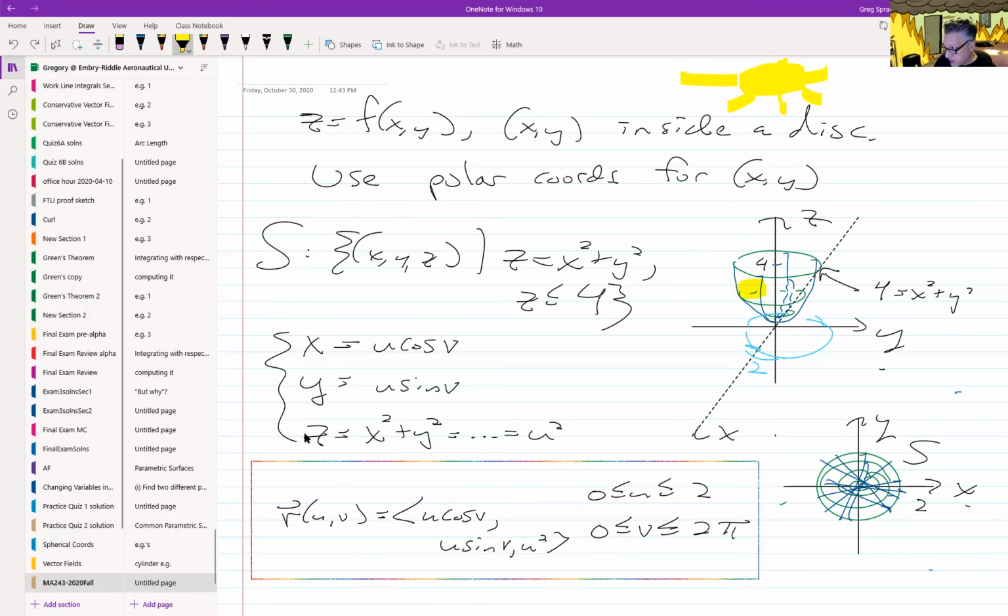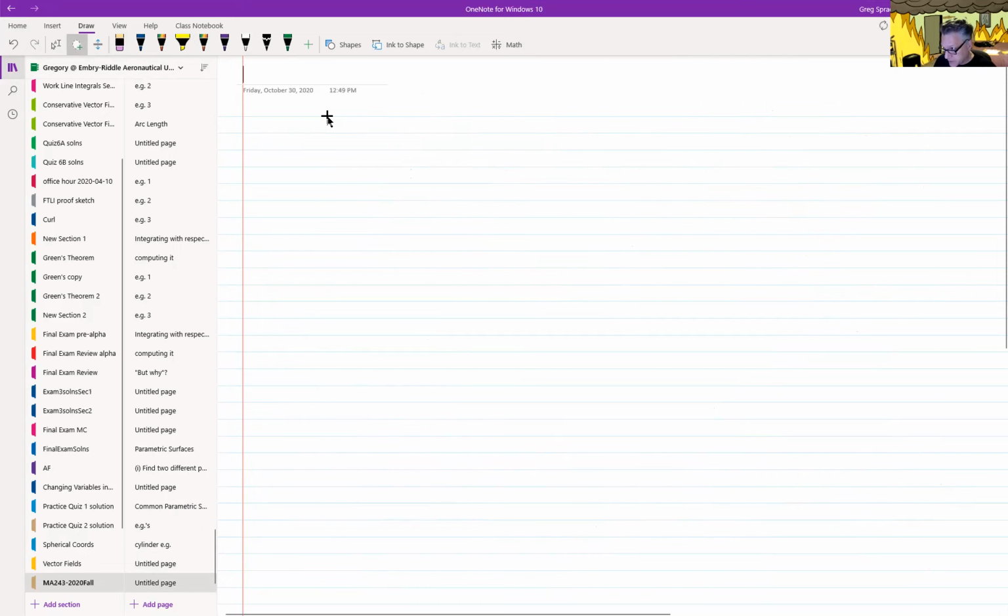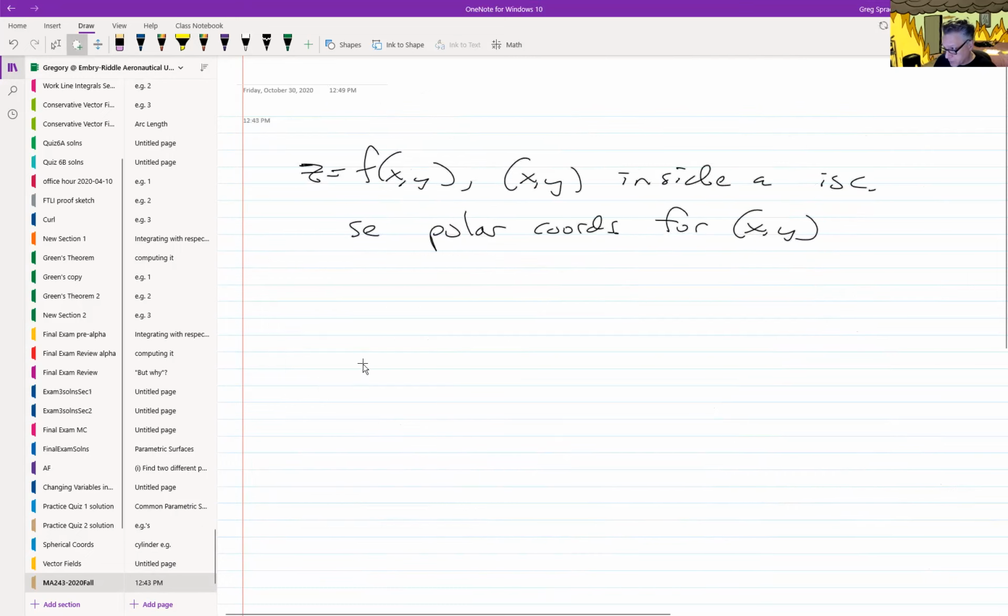Well, you can do the same thing with polar coordinates, and sometimes you should, if y is a function of x and z, or x is a function of y and z, and so forth. So let's take a look at an example of that. Suppose x is a function of y and z, and y and z are inside a disk.